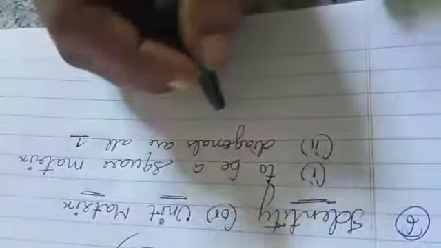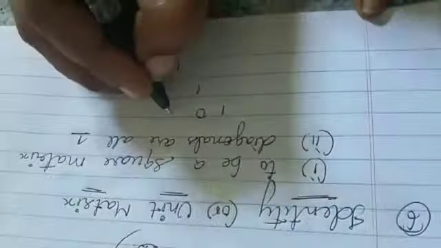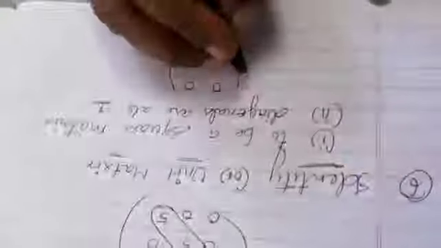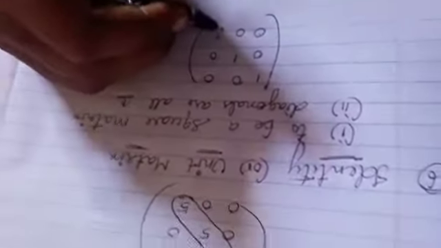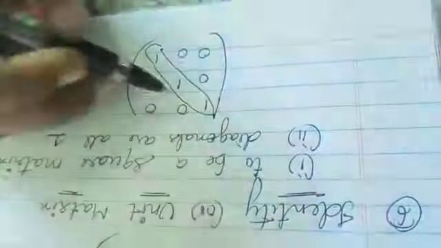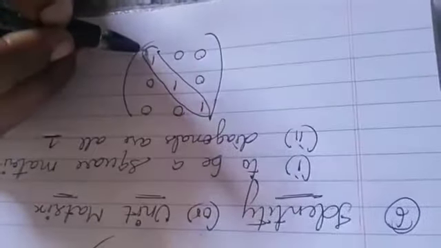All the numbers on the diagonal are 1, like 1, 1, 1, and the others are 0. That is called an identity or unit matrix. This is called the diagonal with only 1.